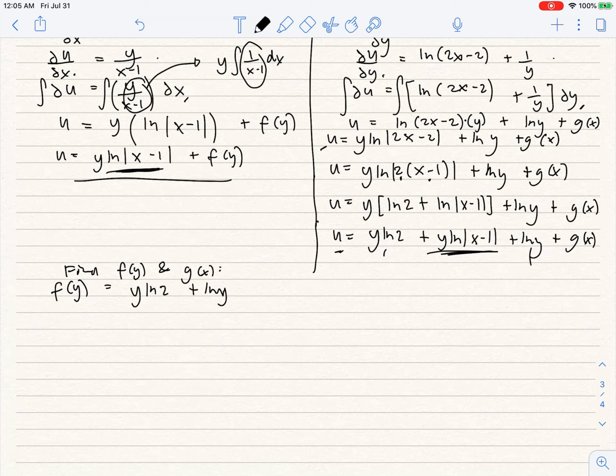As you can see, these values are in terms of y only. There is no x anymore like before. Therefore, this is the correct solution.